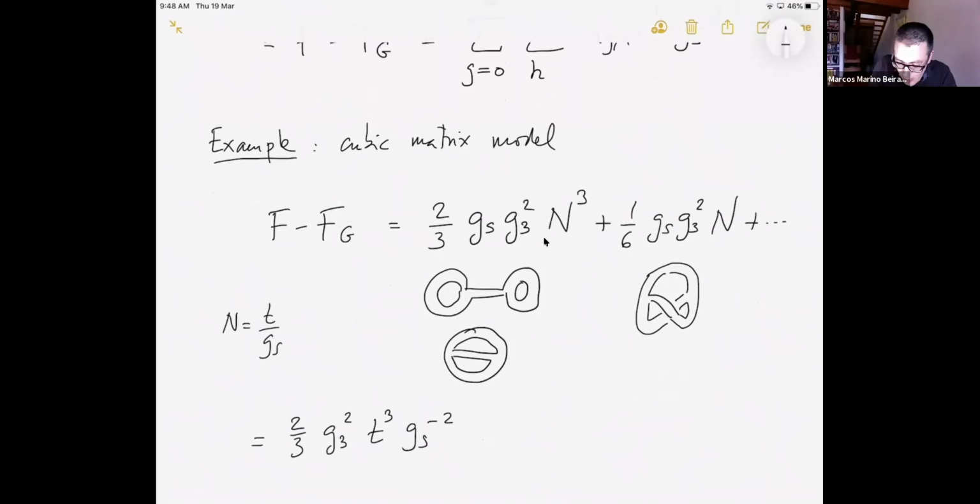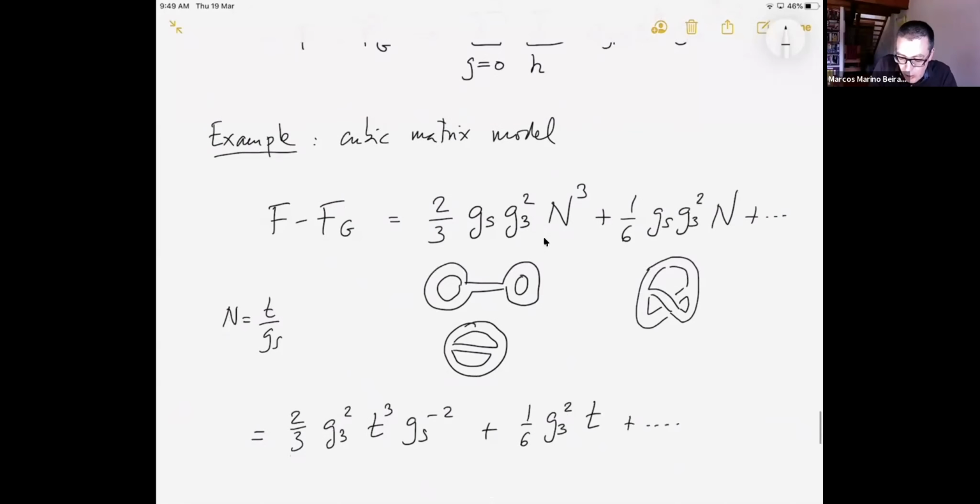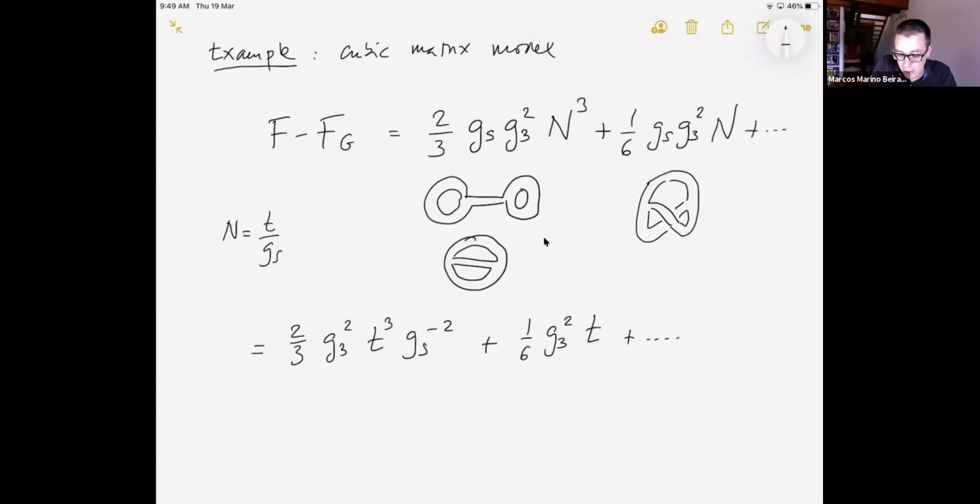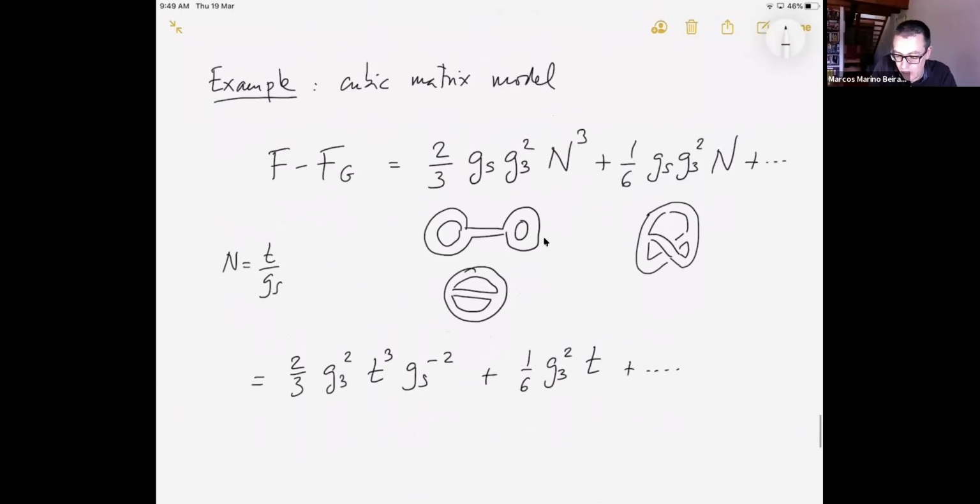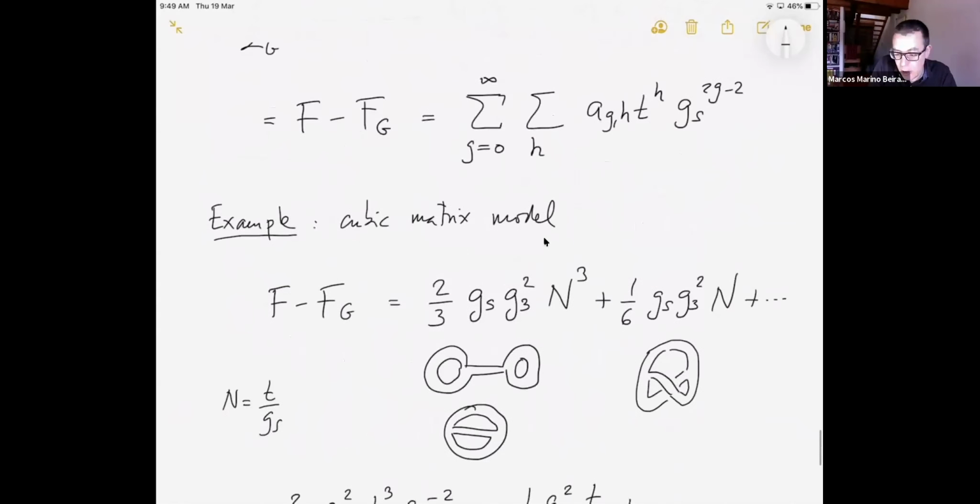And then I will get here 1/6 g_3 squared. And then I will get here t, and g_s times n is just t. So you see that there is no factor of g_s. So this is precisely what you would expect from this general structure here.